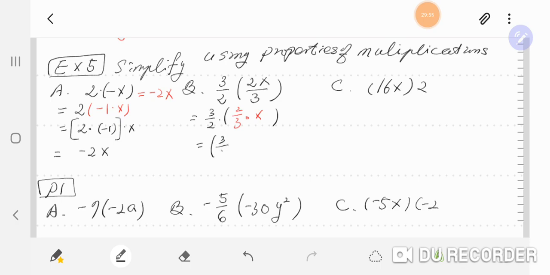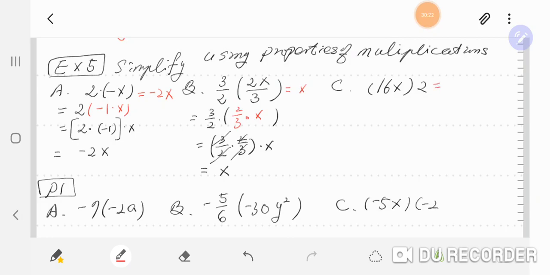So 3 over 2 times 2 over 3 times x. And this product becomes, 3 cancels out, 2 cancels out, it becomes x. So the answer is x, right? By looking at the original expression, you can multiply the numbers. So 3 and 3 cancel out, 2 and 2 cancel out. The answer is only x.